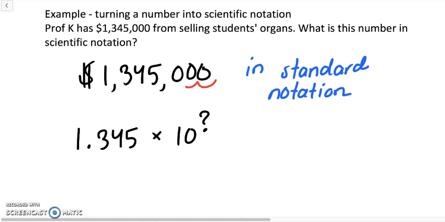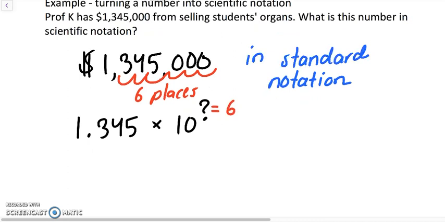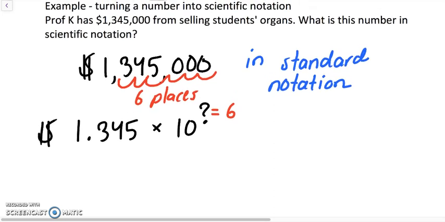So 1 digit, 2, 3, 4, 5, 6. We have 6 places. So this question mark is a 6. And we also can't forget the unit here. This is a dollar sign right there. So right now this is in scientific notation.